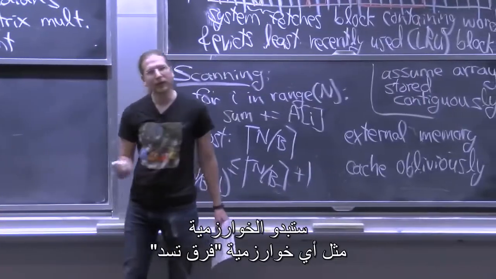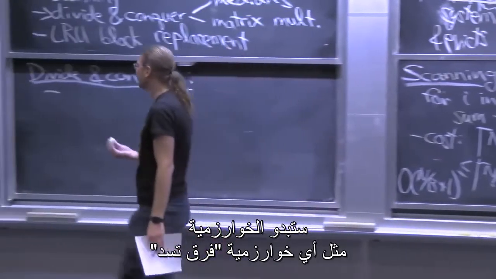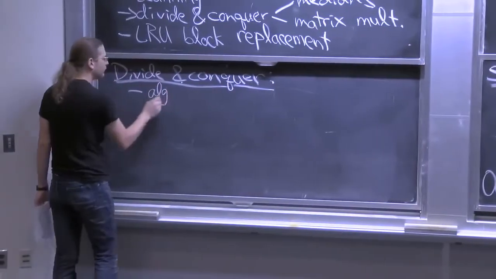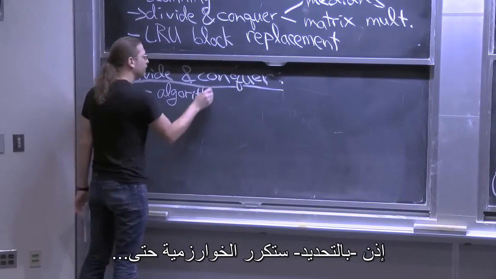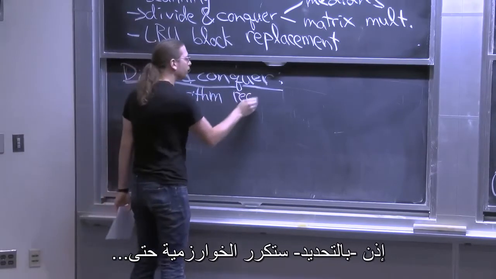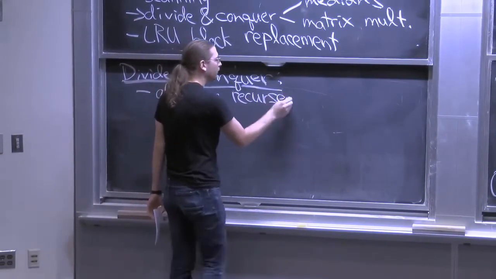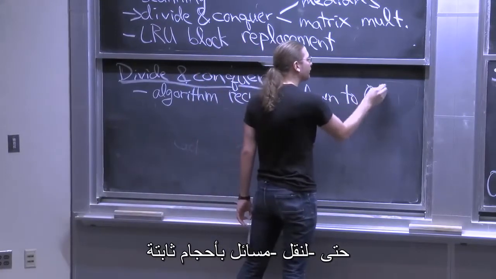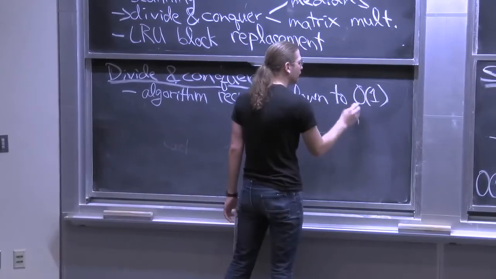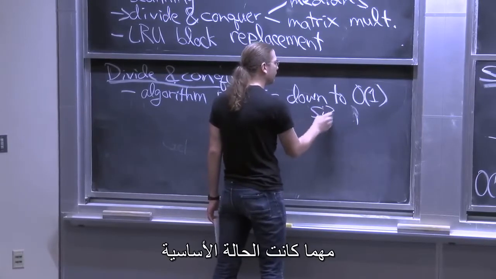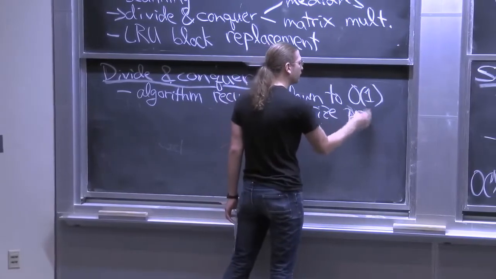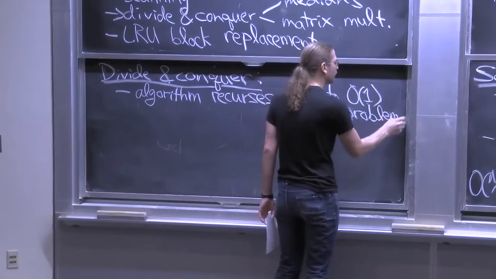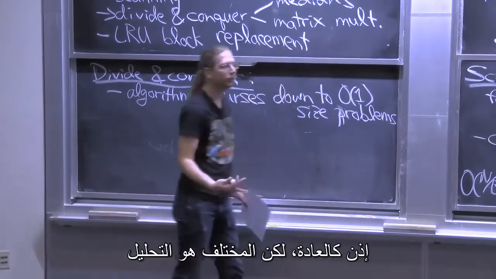So the algorithm is going to look like a regular divide and conquer algorithm. So in particular, the algorithm will recurse all the way to, let's say, constant size problems, whatever the base case is. OK, so same as usual.